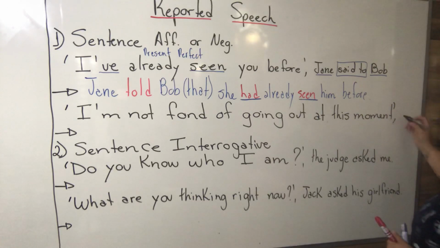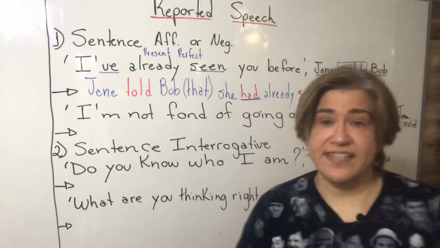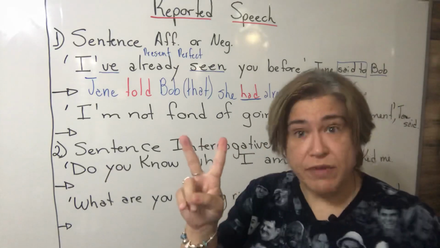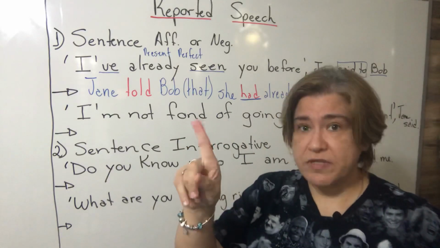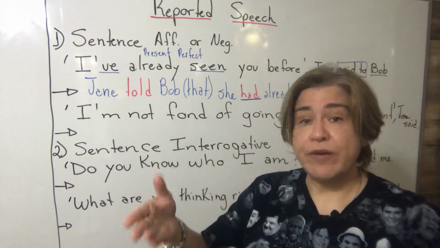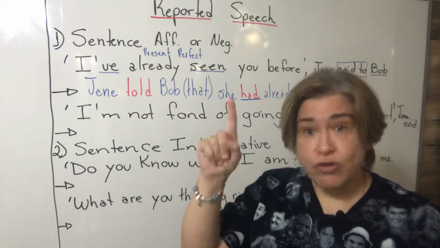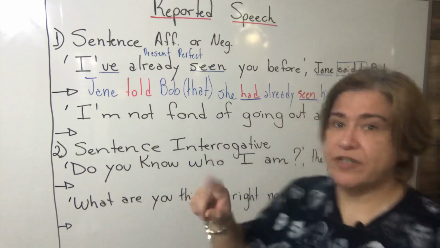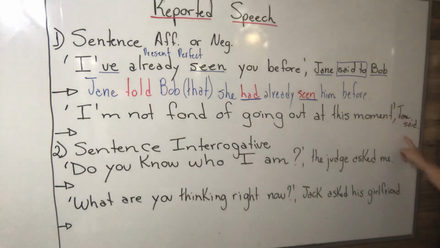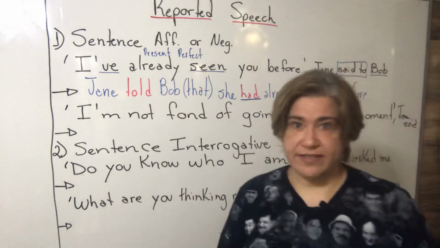Finish. And here, Jane said. As you can see, Jane said, so that means we don't have two people in the conversation. So told is not possible. Now we are going to say said, okay? When we have two people, you say told. When you have one person, Jane said, we are going to use said.